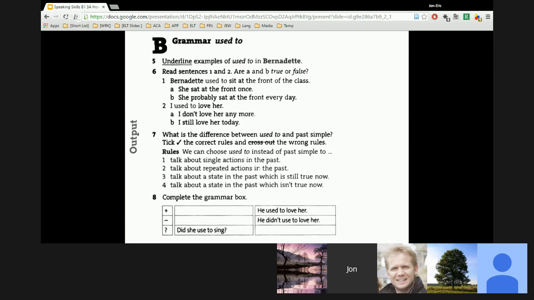I got one vote for yes. Is it possible to always substitute used to for the simple past? No, because if you repeat an action, you can use it in the past. Okay. The key word you use is always. So no.